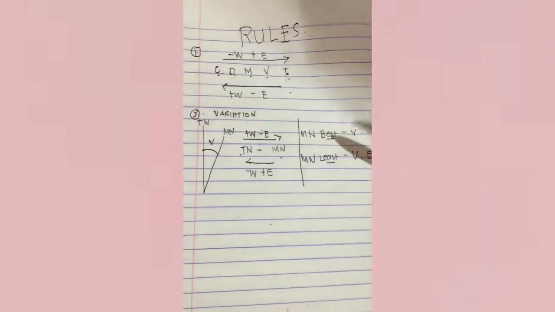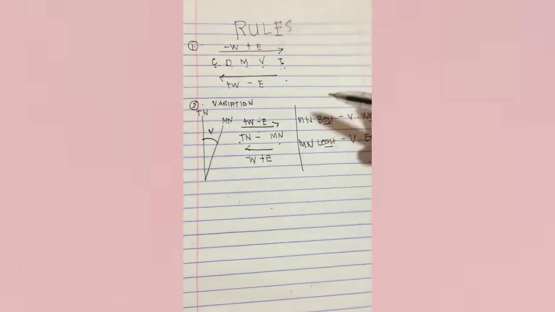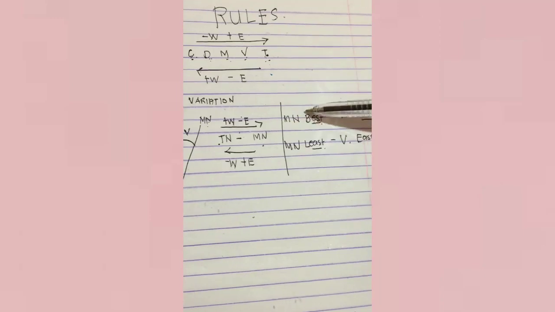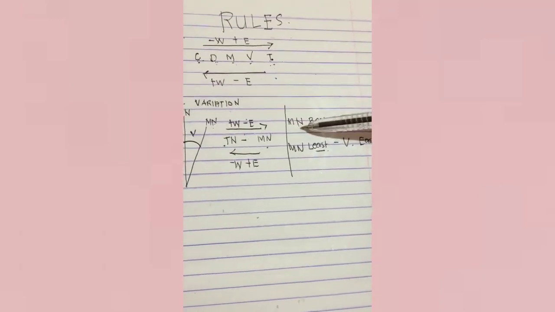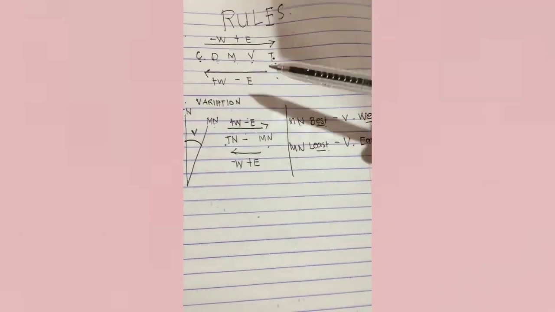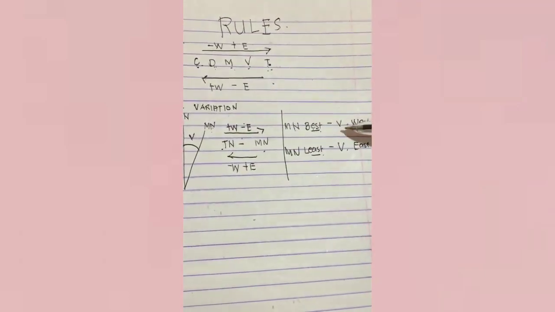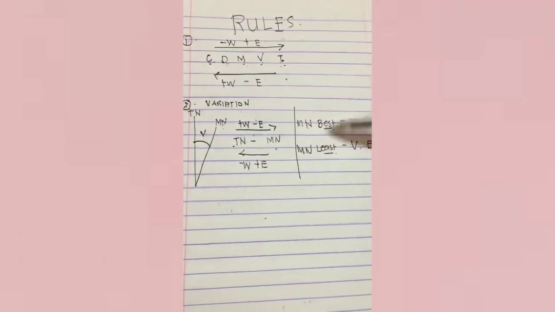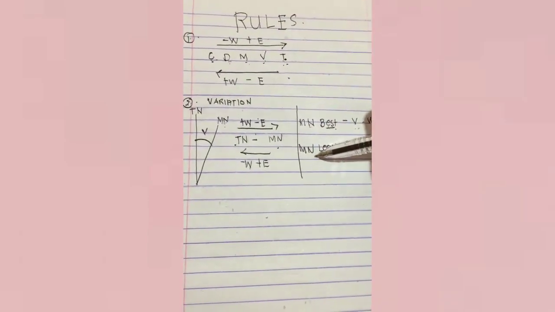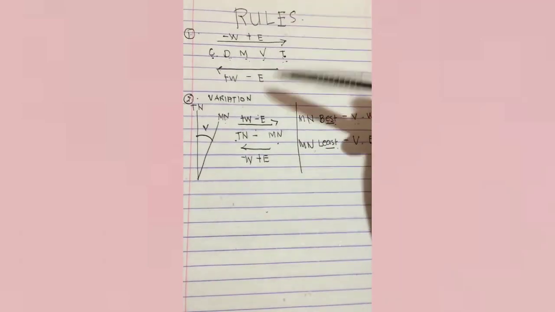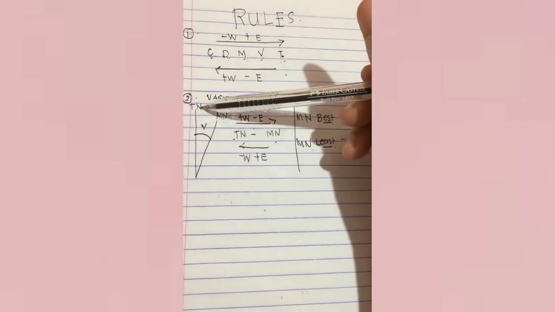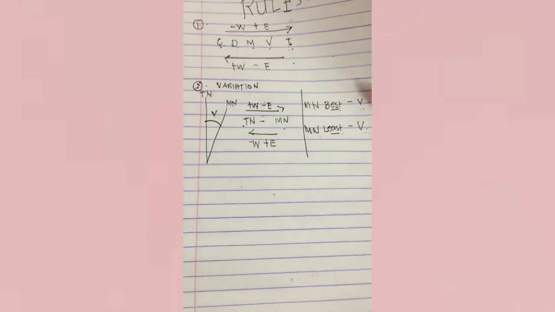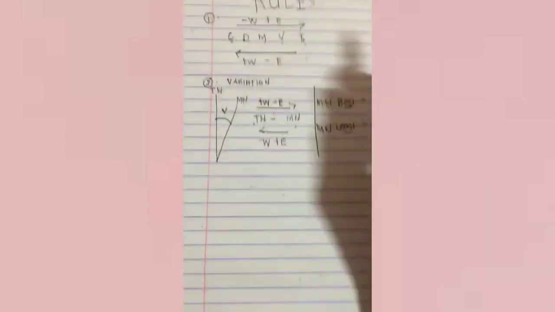Okay, so what do you mean by best and what do you mean by least? If the value of the magnetic north is greater than the value of our true north, the direction of our variation is west. And if the value of our magnetic north is lesser than the value of our true north, the direction of our variation is east. Okay, so that is the second rule.